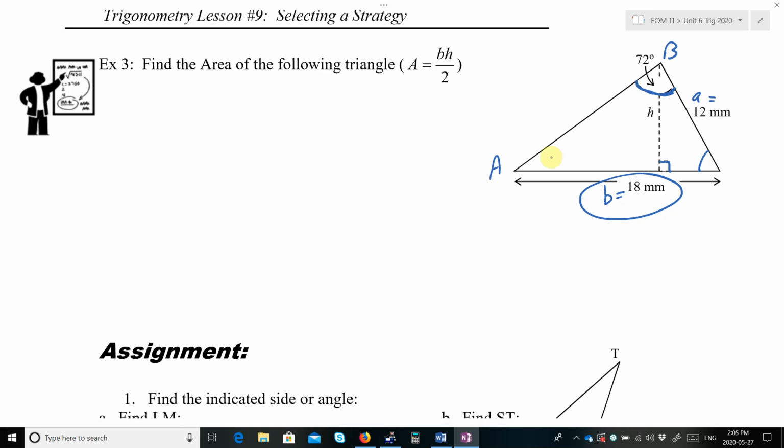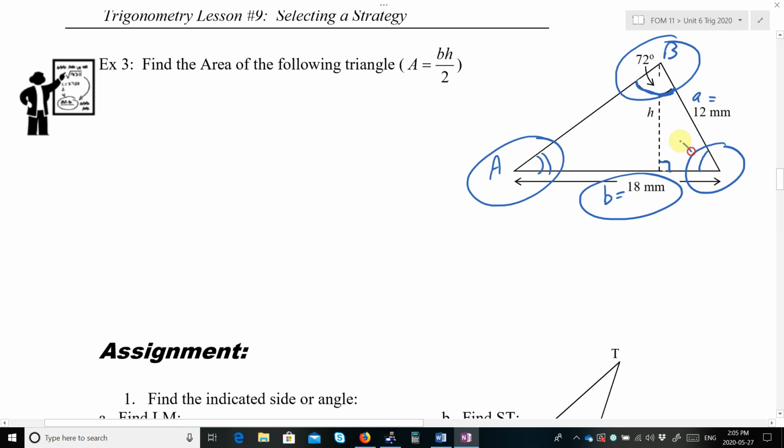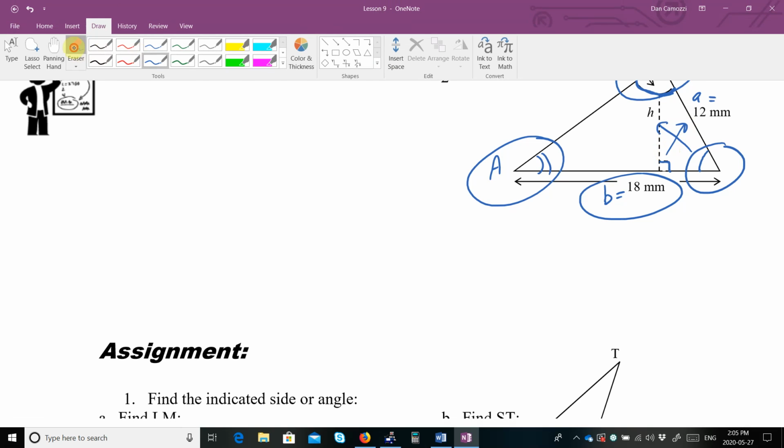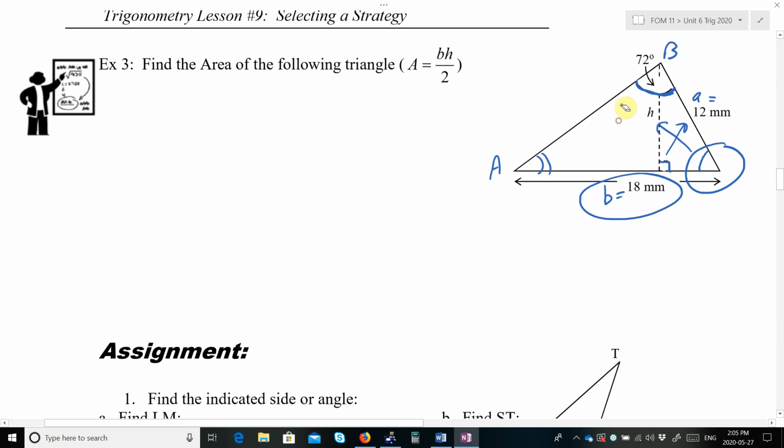We are going to have to figure out angle A using the sine law, and then we will know this angle, and we can do angle sum of triangle to get this angle, and then using that angle we will do SOHCAHTOA to get H, and then we will use area equals base times height divided by 2. Okay, so that's the plan of attack.